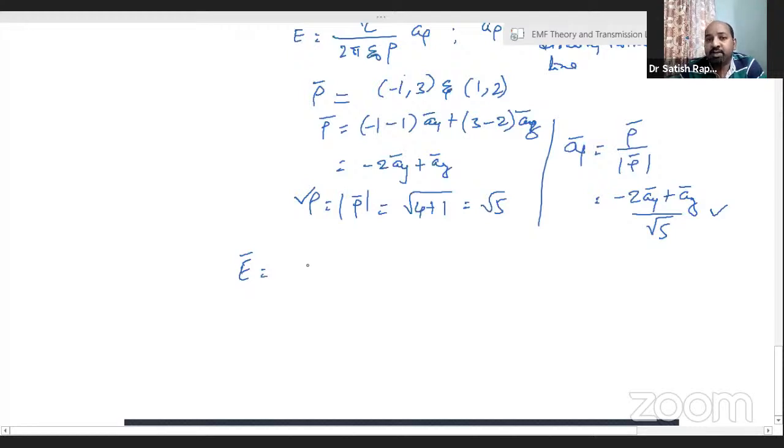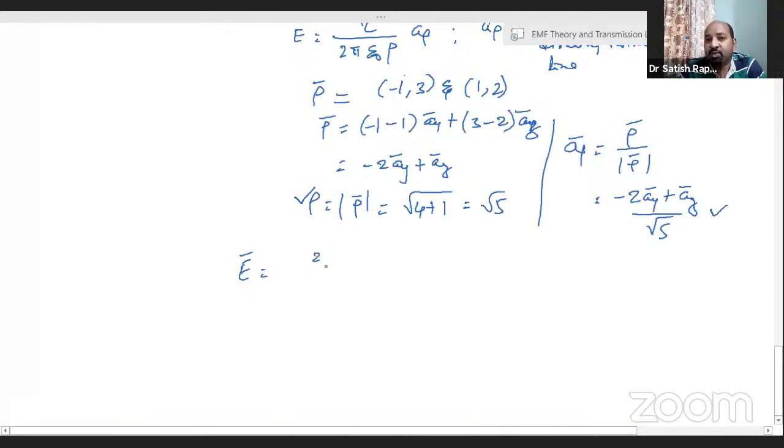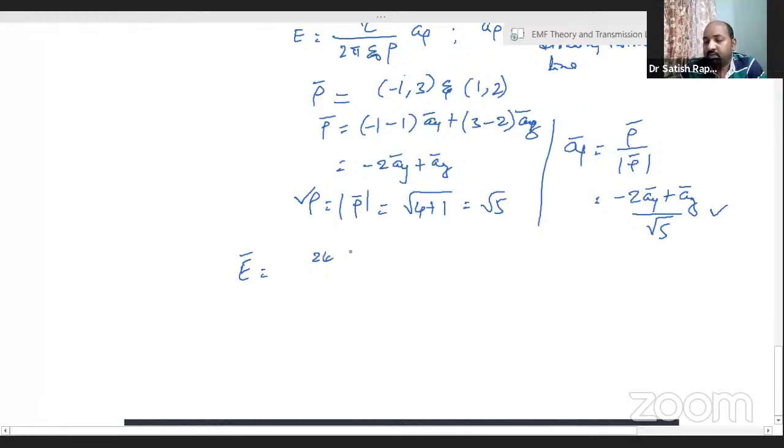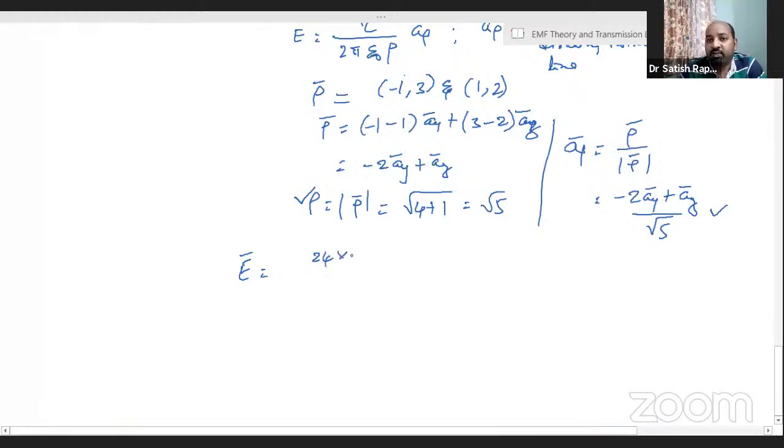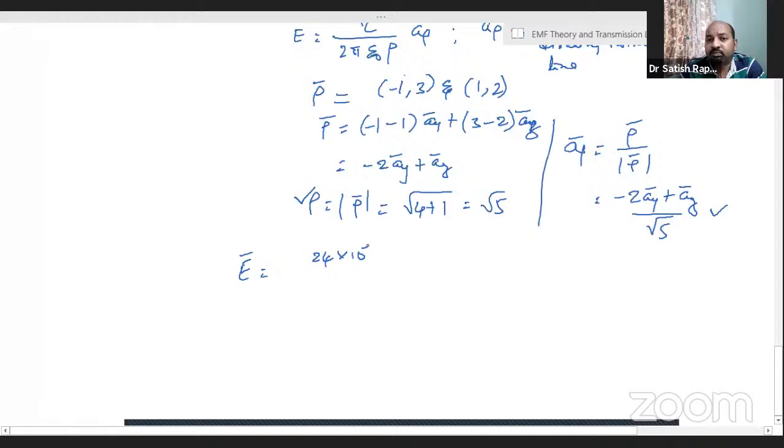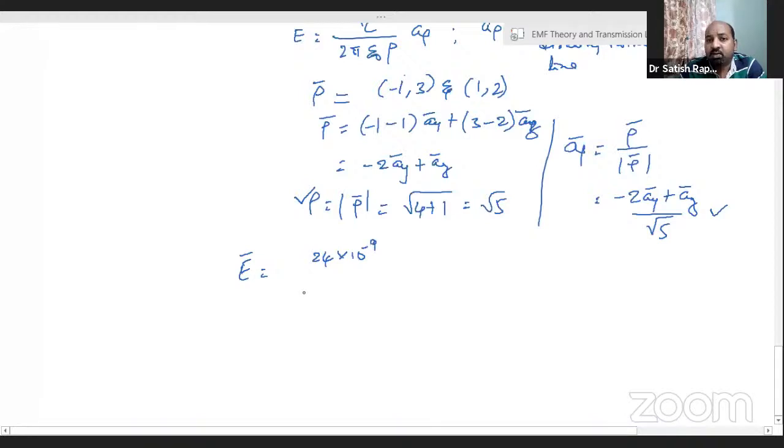rho L is 24 nano, divided by 2 pi into epsilon naught.